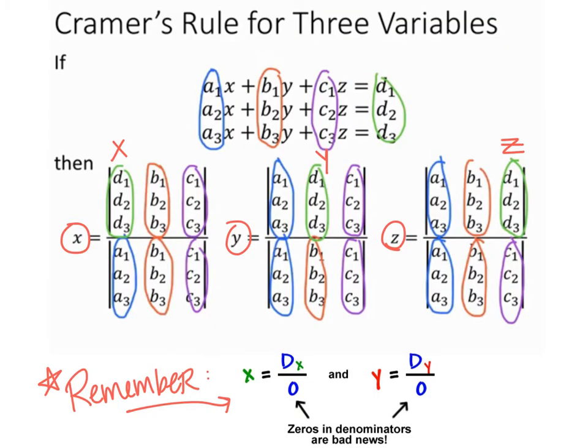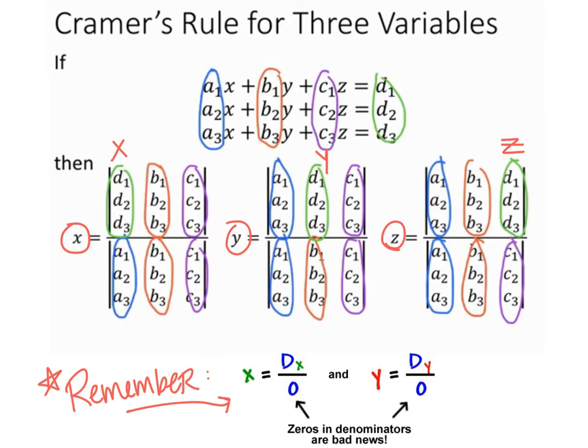Now let's talk about Cramer's rule for a 3x3. In a 2x2, I took the determinant of the x matrix and the determinant of the y matrix, and I divided them both by the coefficient determinant. The same rule applies here, except now I have a z coordinate.